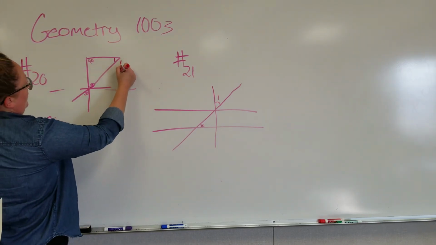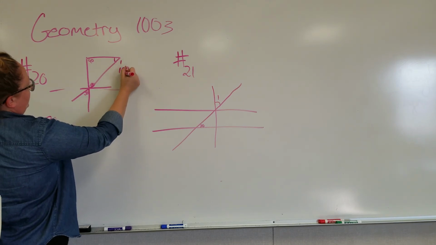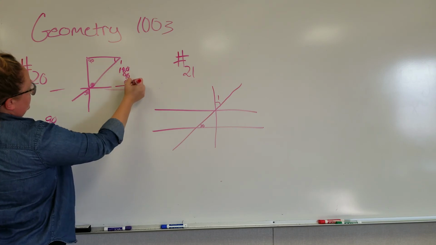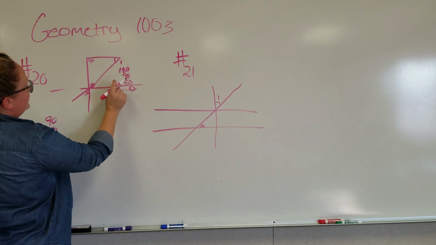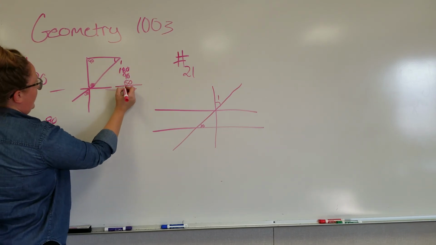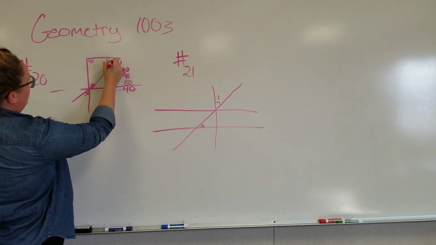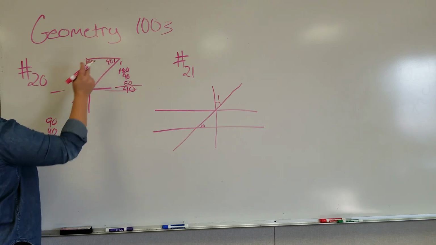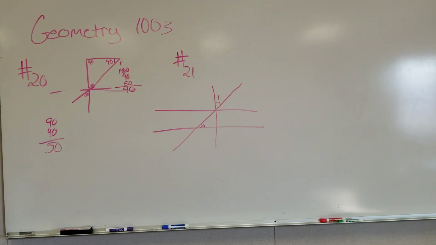So you want to go 180 minus the 90 degrees and the 50 degrees. 18 minus 9 is 9, and 9 minus 5 is 4. So that means this angle up here has to be 40 degrees. 90 plus 40 plus 50 is 180.